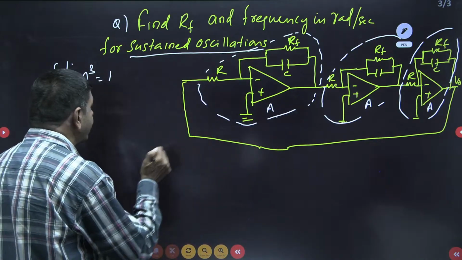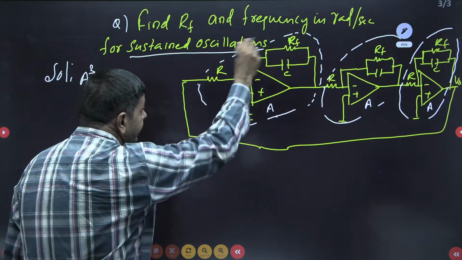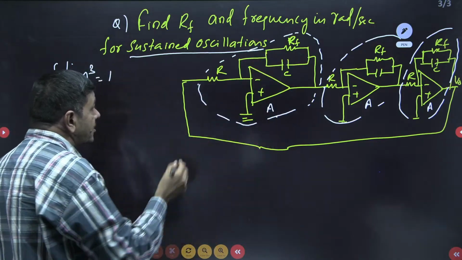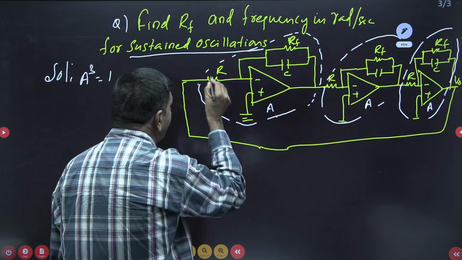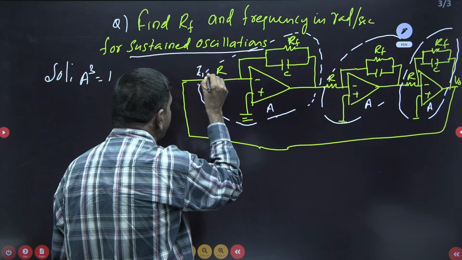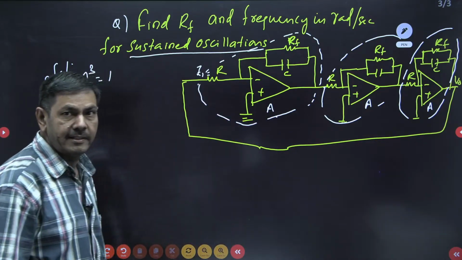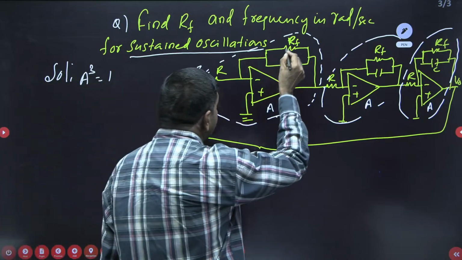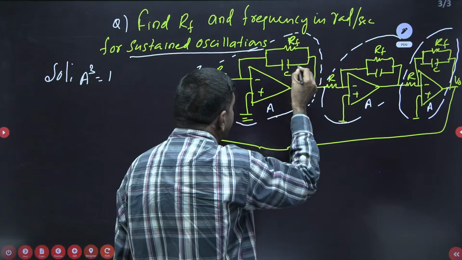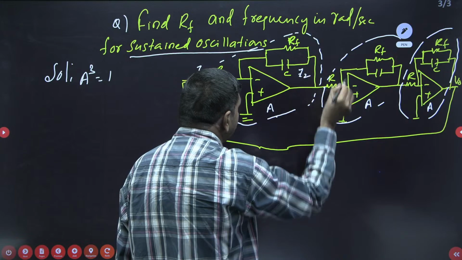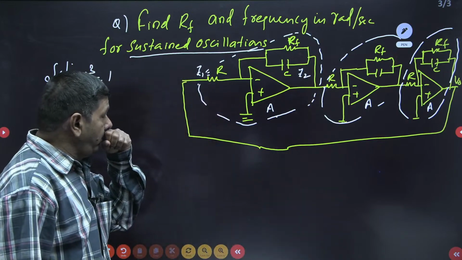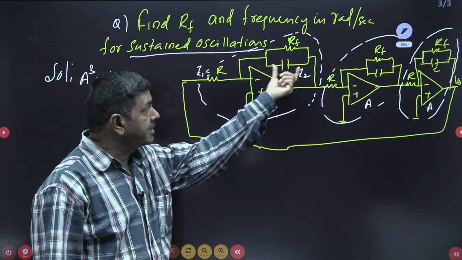So what is A? At first try to get the A value from this network. I take this op amp: this value is nothing but Z1, Z1 equal to R, I have taken here. And the total impedance of this parallel network is Z2, I have taken here. This is the Z1 value, this is the Z2 value.